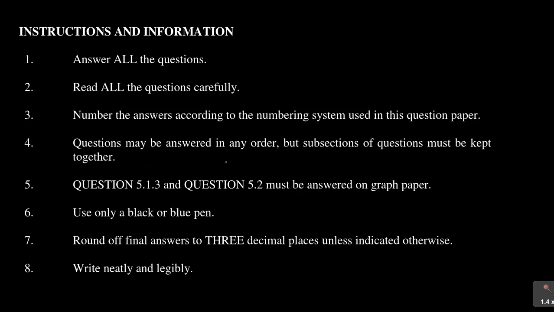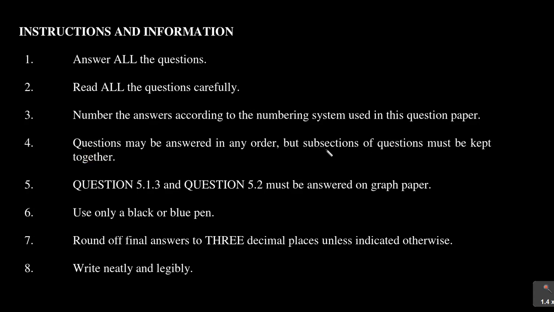Then it says questions may be answered in any order. So you can start with question 5, you can start with question 6, you can start with question 2. But it says subsections of questions must be kept together.